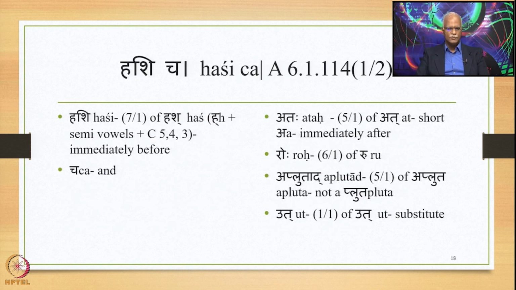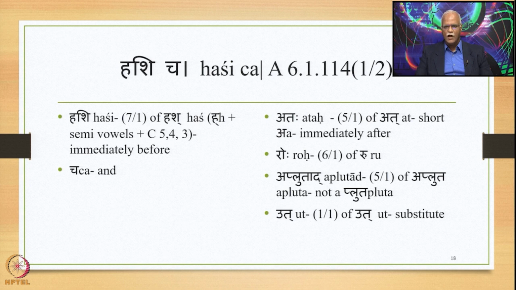Similarly, we have another sutra called Hashicha, 6.1.114. Hashicha has two padas, Hashi and Cha. Hashi is 7/1 of Hash. Hash stands for Ha plus semi-vowels plus consonants 5, 4 and 3. Hashi means immediately before Hash.